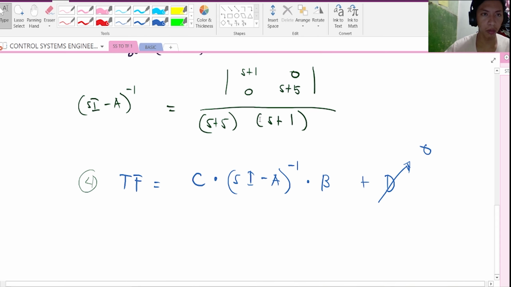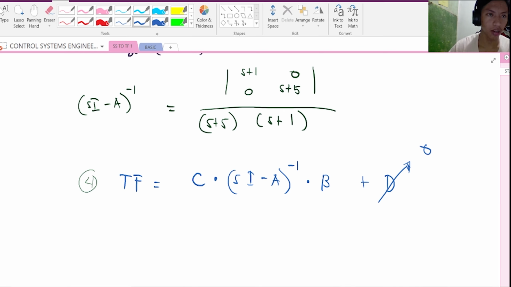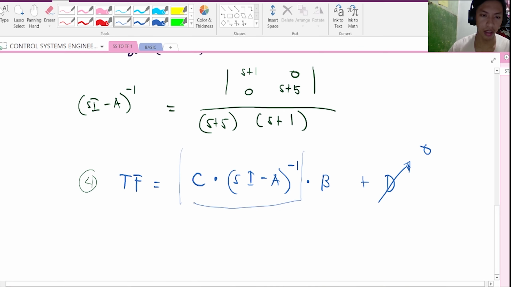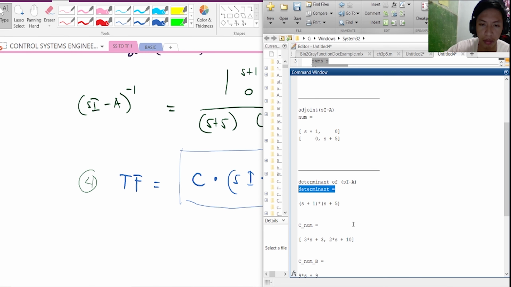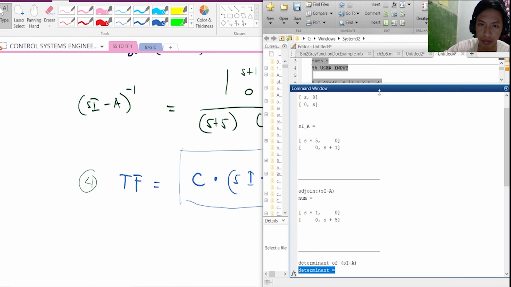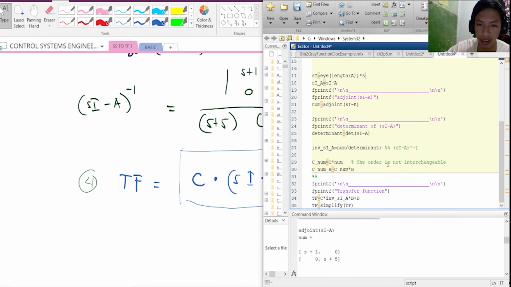We're going to deal with this first, and then after that deal with this one. A quick caveat: while I was making this program, I had an error with this one.